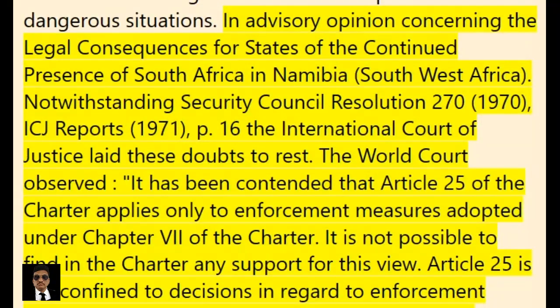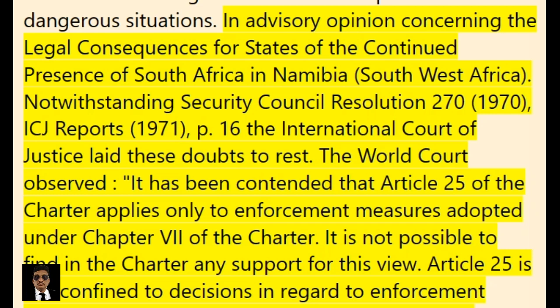In the advisory opinion concerning the legal consequences for states of the continued presence of South Africa in Namibia (South West Africa) notwithstanding Security Council Resolution 270, 1970, ICJ Reports, 1971, p. 16, the International Court of Justice laid these doubts to rest.